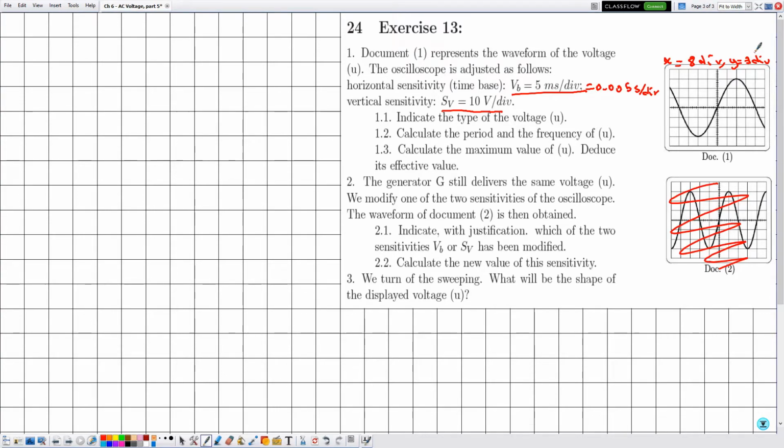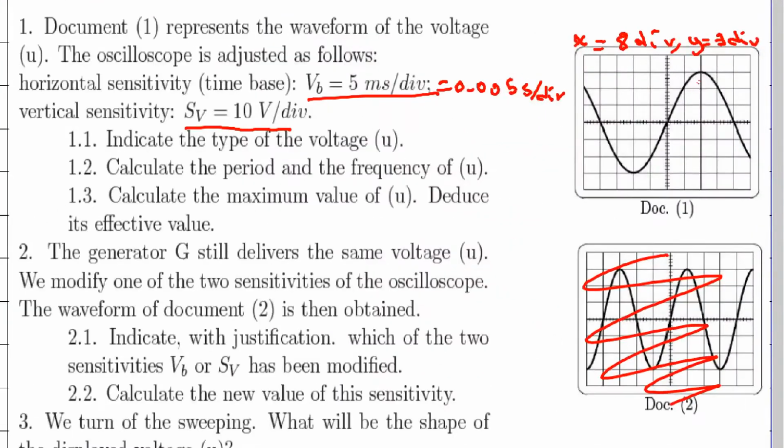Now we are ready to solve the problem. Now in 1.1 they are telling me indicate the type of the voltage U. So indicate, it means that we need to state with the justification.